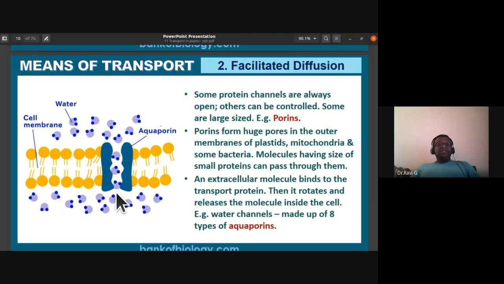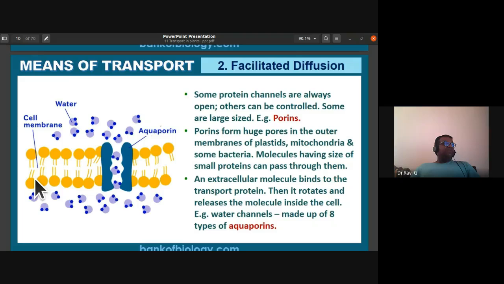Some are large sized. So protein channels which are always open and are large sized, we call them porins. So porins form huge pores through which small protein molecules can pass. Okay, so porins form huge pores in the outer membranes of plastids.